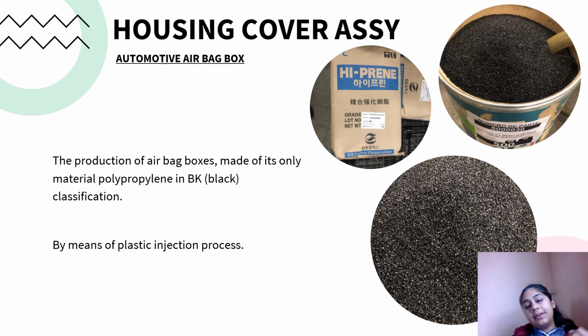This is a clear example of the use of polypropylene. We can see in the presentation pictures of the material used in the plastic injection process before entering the machine, which is a machine specific to injection with polypropylene.